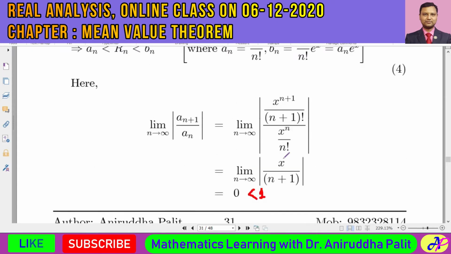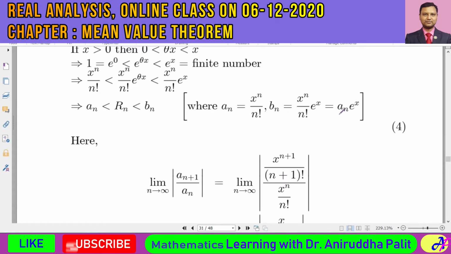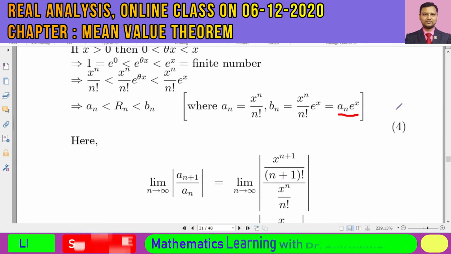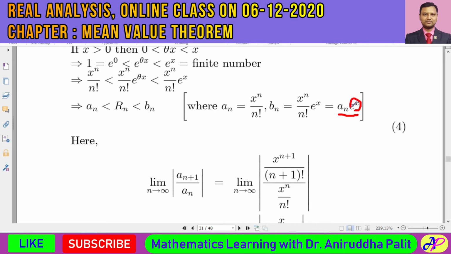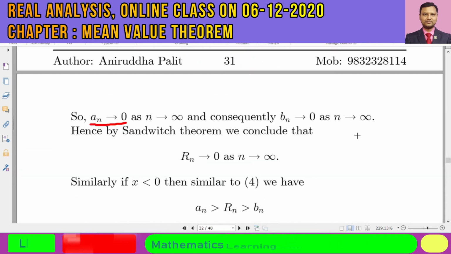As a result, bn is equal to an into e to the power of x. X is a finite number, so e to the power of x is a finite quantity. Since an tends to 0, bn should also tend to 0. Got it?